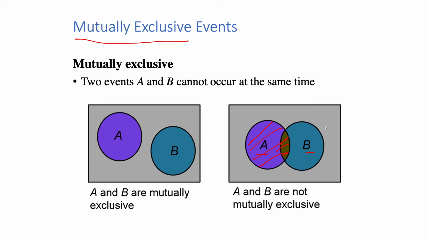When I consider the probability of B, I take into account all the outcomes which are in B. So this common point between A and B is getting counted twice, once as part of A and once as part of B.